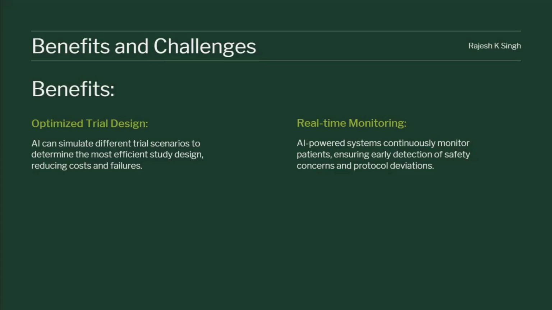The trial designers are very senior people. But with the AI, it can be done with no cost and more accurately, because there's no need for long hours of work. AI can simulate different trial scenarios to determine the most efficient trial design, study design, and this will reduce the cost and the failures also.